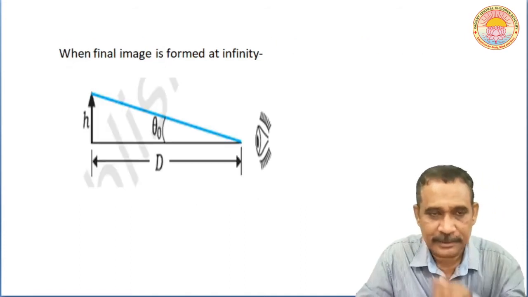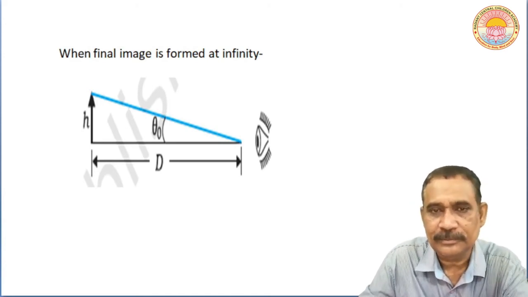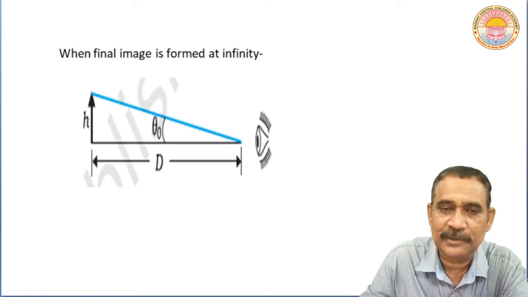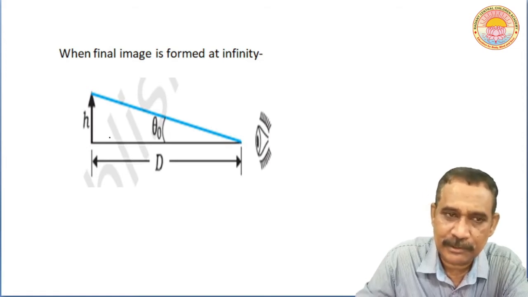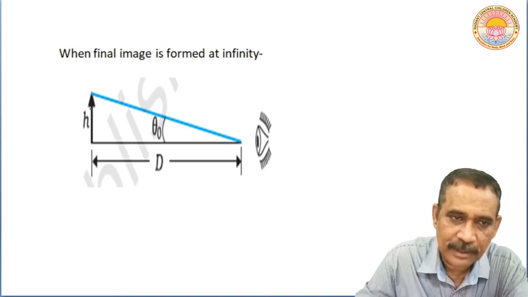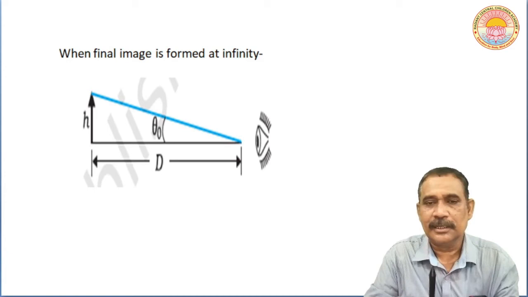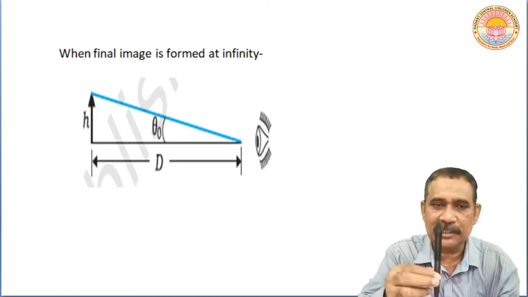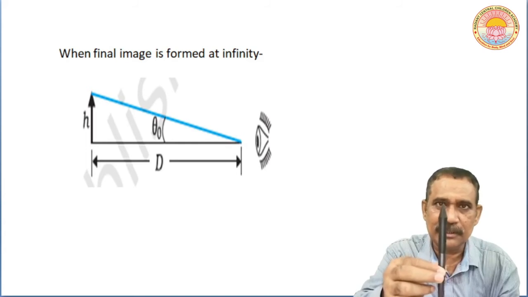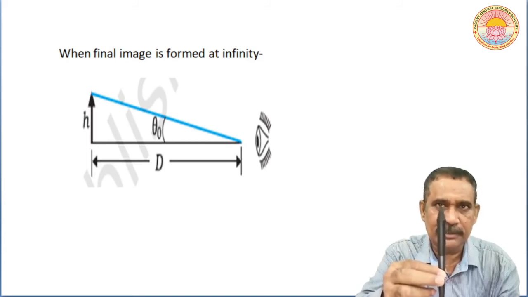Now case second, when the final image is formed at infinity. Here you are seeing this figure. An object of height h is kept at a distance D without the lens. So this is the position of the eye. This object makes an angle theta naught at the eye. We are looking at this object without the convex lens, so it is clearly seen at D, the least distance of distinct vision.